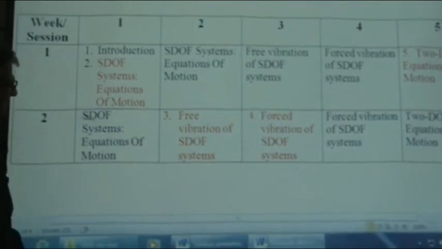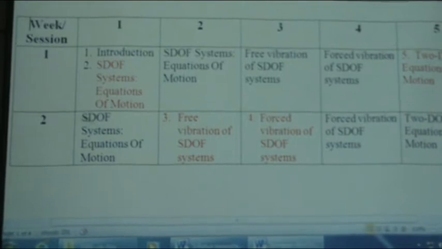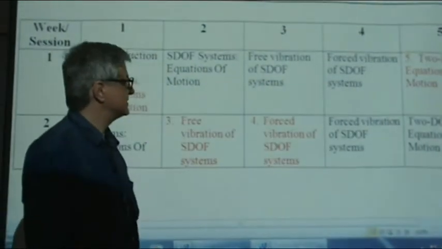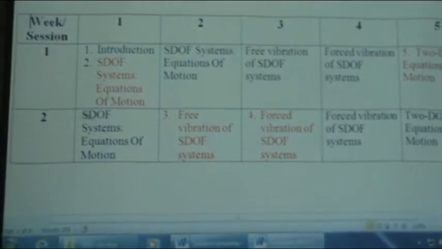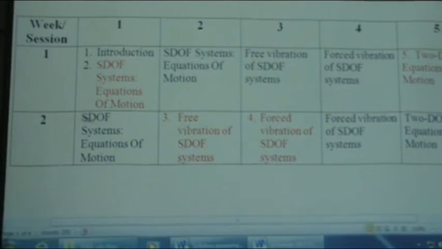Then the next topic is forced vibration, and it will take again 3 sessions. So the first 4 weeks will be spent on single degree of freedom systems.